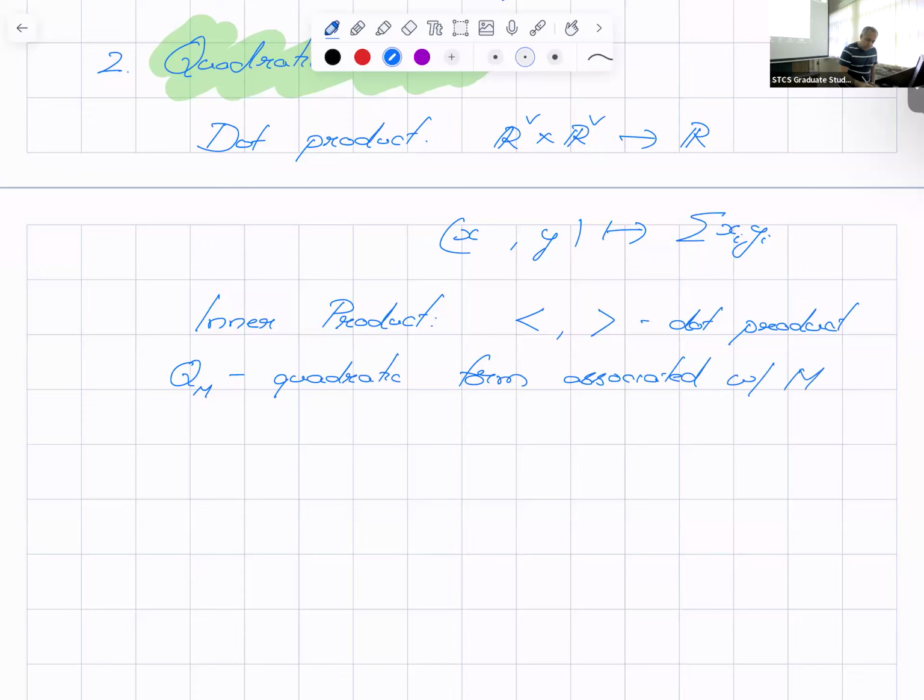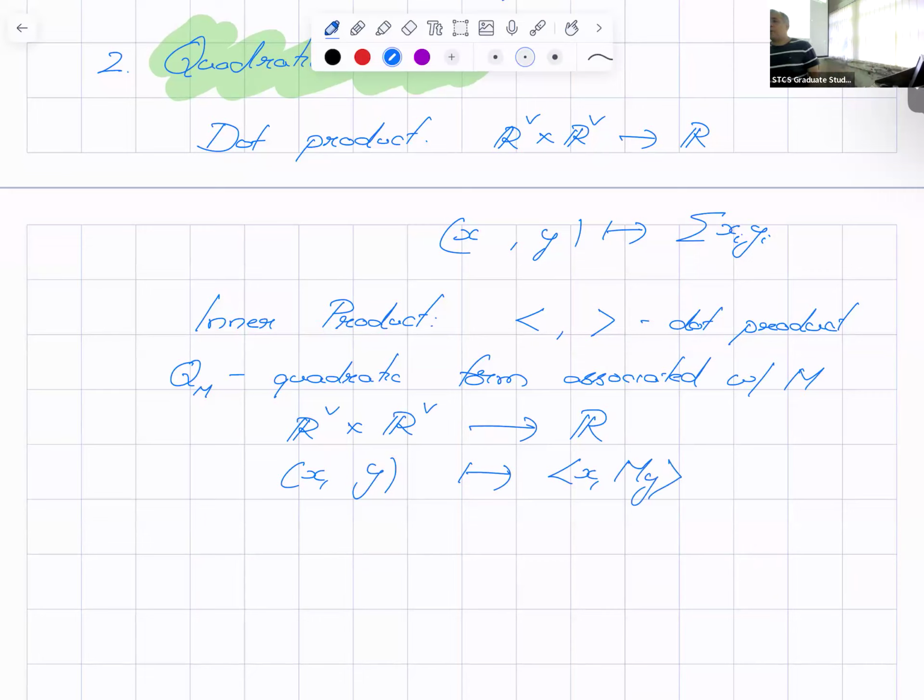I'm going to map a pair of vectors x, y now to x, M, y. So I'm going to not just take the dot product of x and y, but of x and My. This is in the usual thing, just x transpose My.